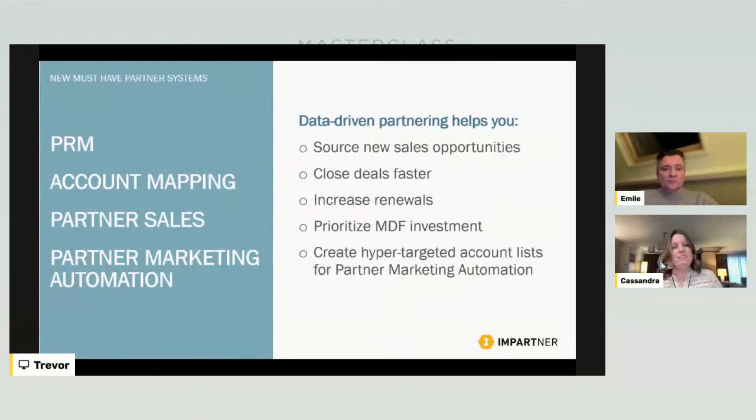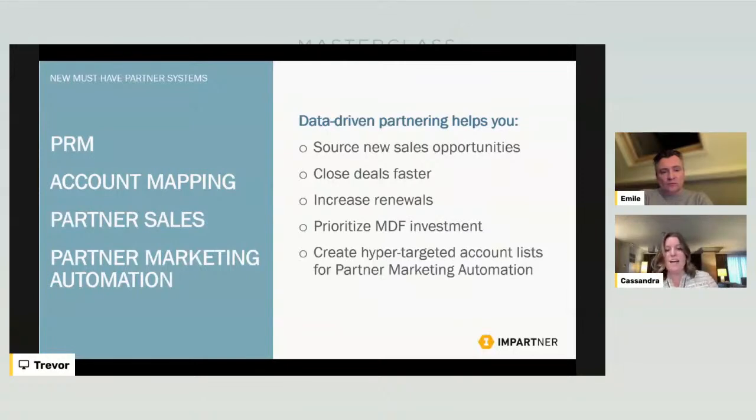So I'm happy to talk offline about how the platform works, but right now I just want to jump into the specific ways that you can use partner data to really 10x your sales and marketing results. The important thing to know is that we complement your existing PRM system, and we have many joint customers within partner.